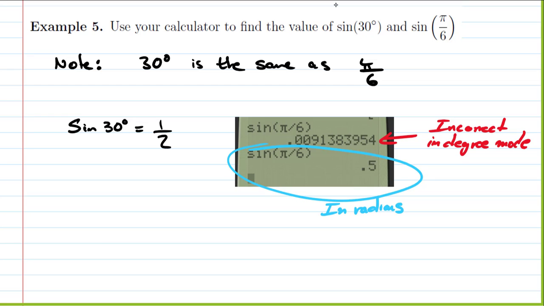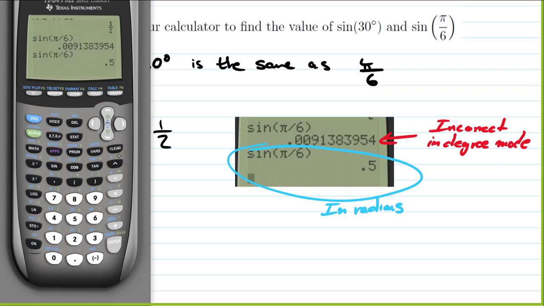The biggest thing we need to be careful with is to keep our calculator in the proper mode. Something I personally like to do, and it's completely up to you, is this: since we will work a lot with radians, and in your next math class, calculus, degrees kind of go the way of the dodo, and advanced mathematics uses almost exclusively radians, I prefer to keep my calculator in radian mode.